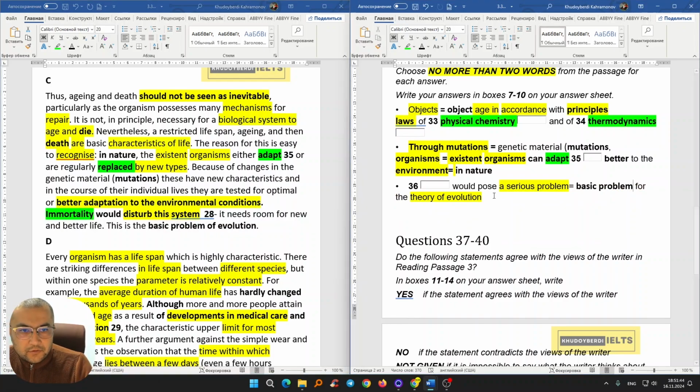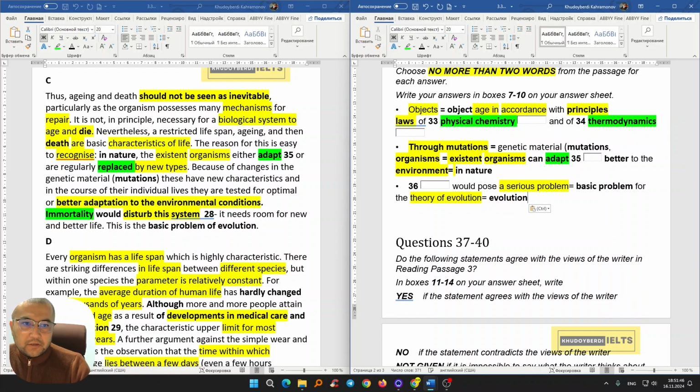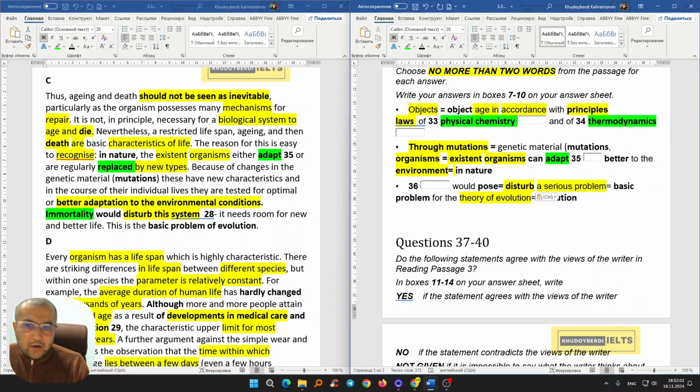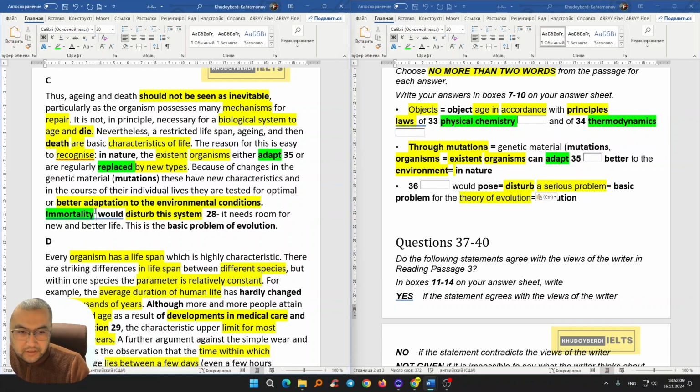And pose means disturbing the system, causing a problem, posing a problem, which means causing a problem. And that's why the word immortality is the perfect and only answer here without question.